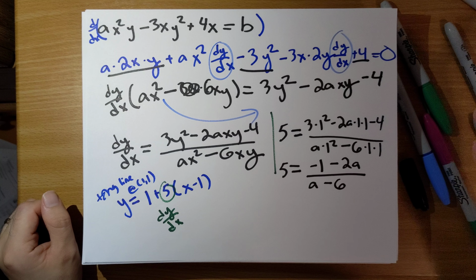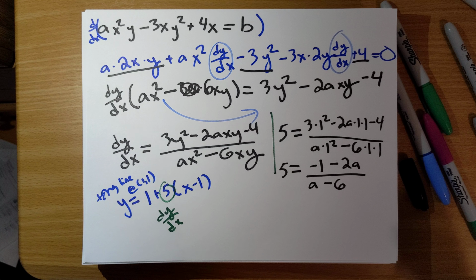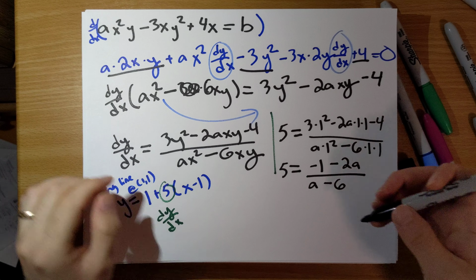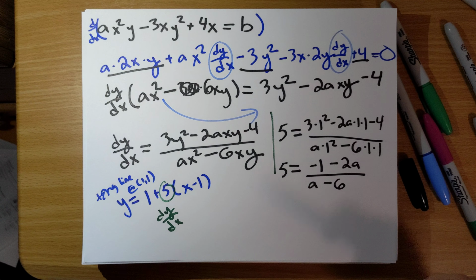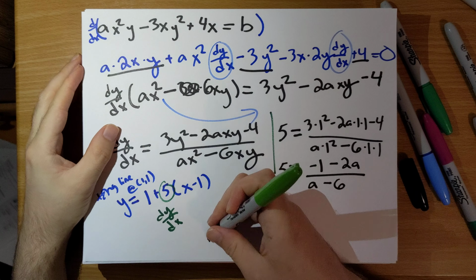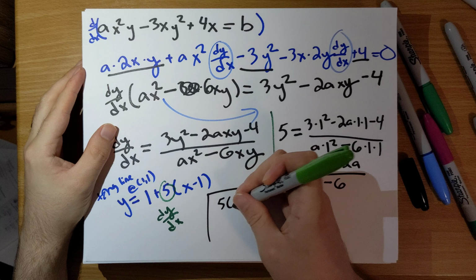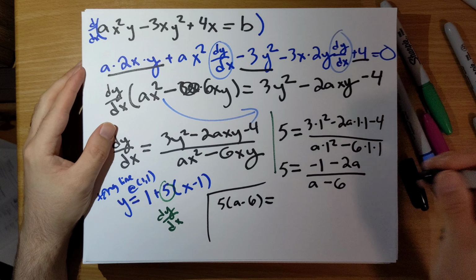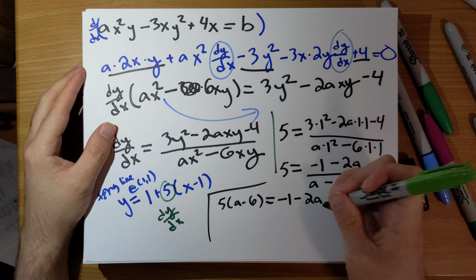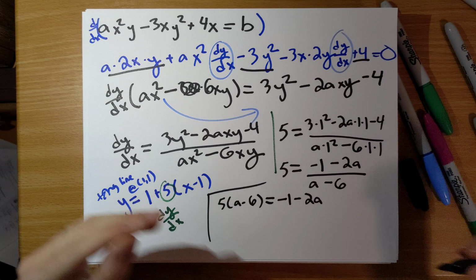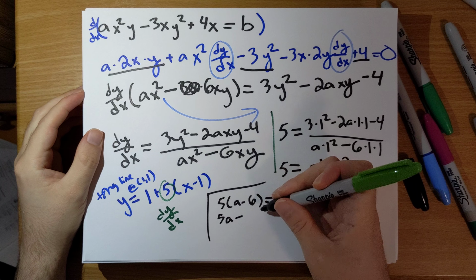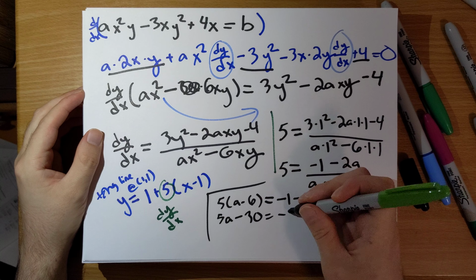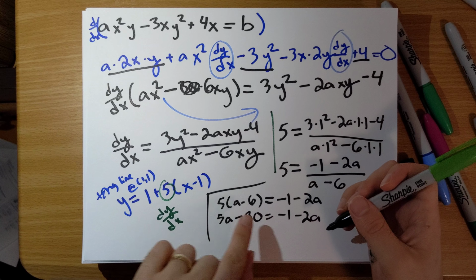Okay, great. What do we have here? We need to solve this equation for a. We can do that by multiplying both sides by a minus 6. And so we have 5 times (a minus 6) is equal to negative 1 minus 2a. 5a minus 30 is equal to negative 1 minus 2a.